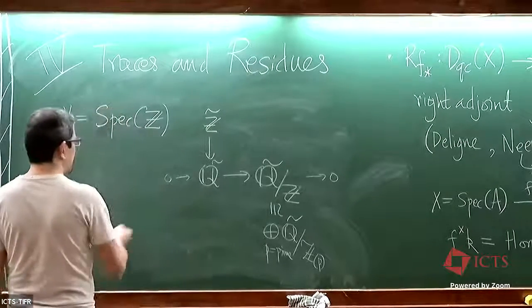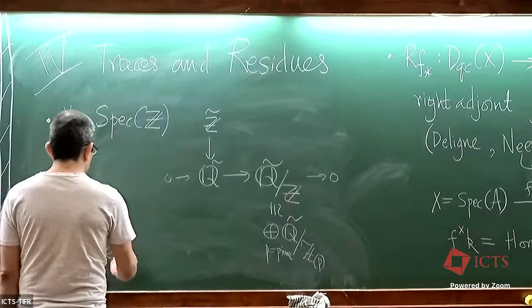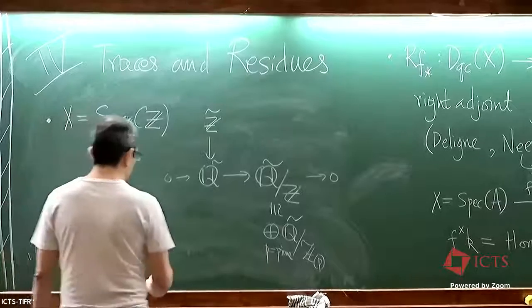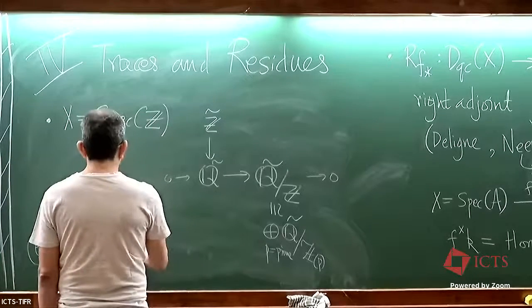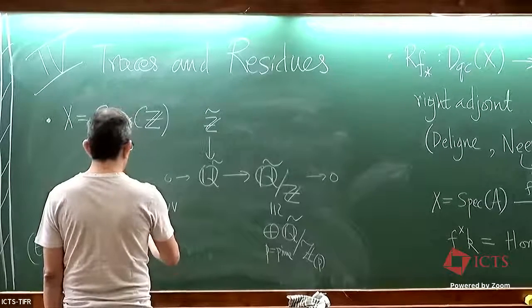If you take F dot belonging to D^b_c(X), then the double dual of F dot is isomorphic to F dot in the derived category.